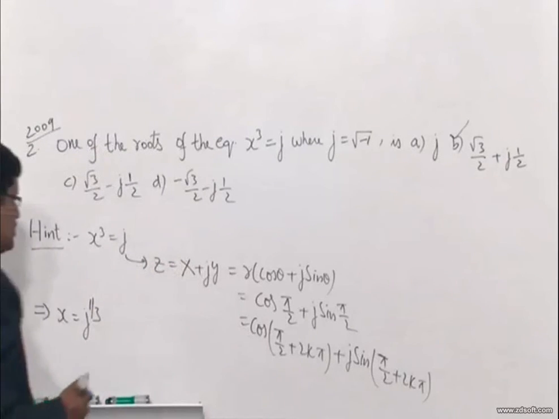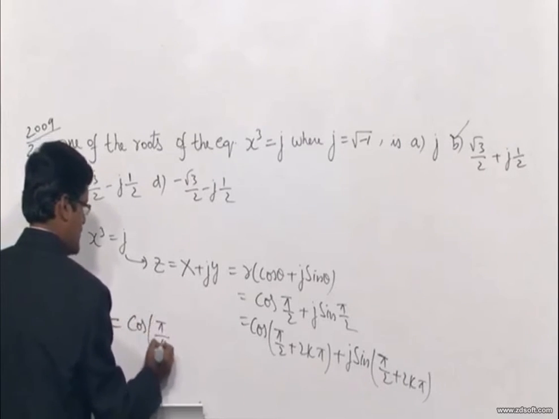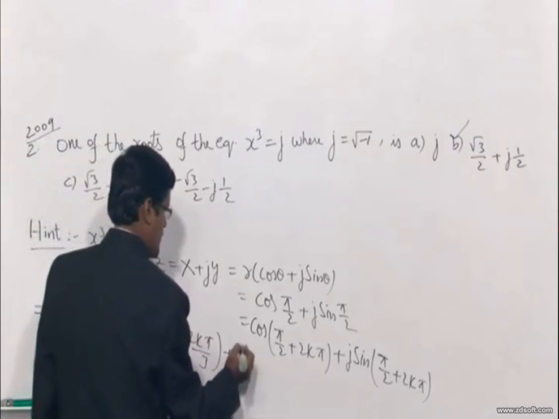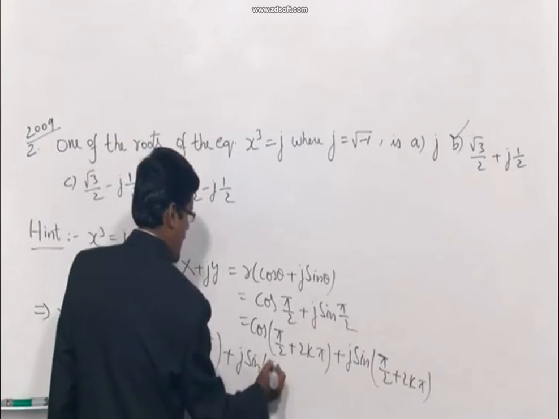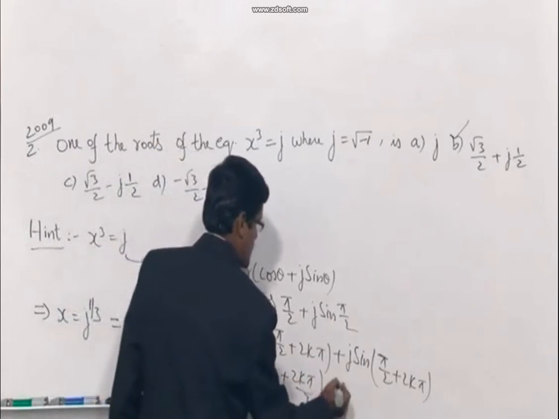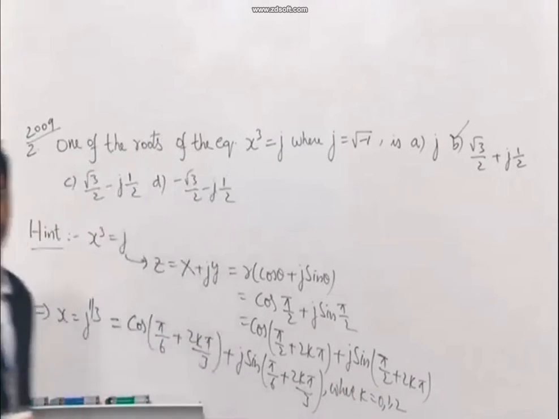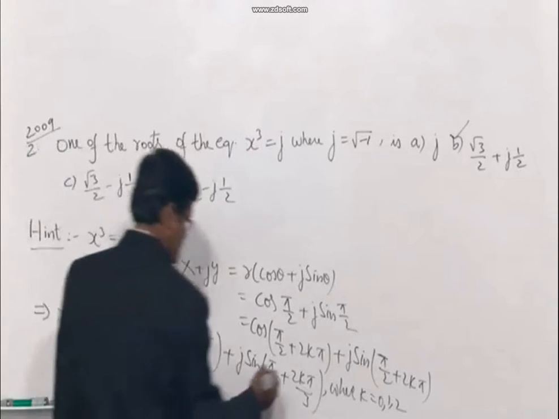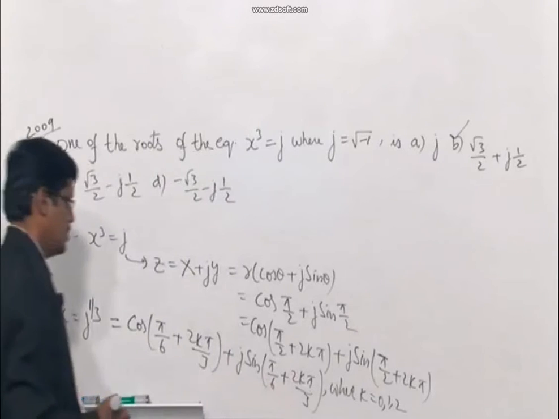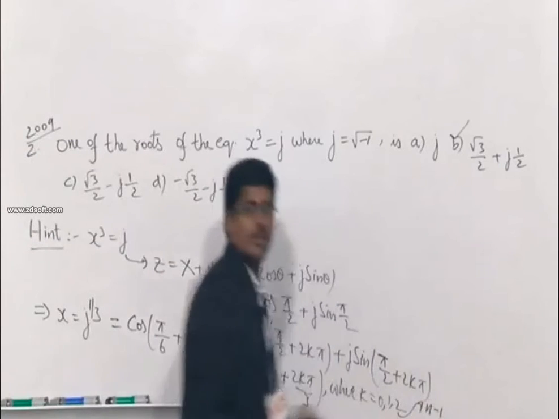Okay, cos pi by 6 plus 2k pi by 3 plus j times sin pi by 6 plus 2k pi by 3, where k is equal to 0, 1, 2, because cube roots. Here 2 is nothing but n minus 1, last value.